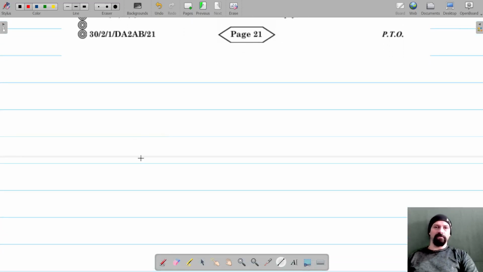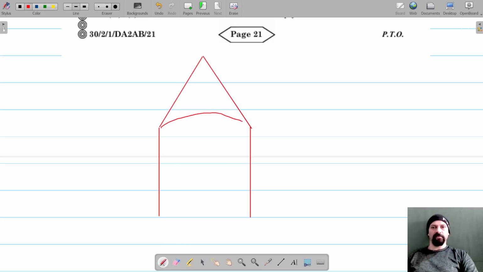So let's draw the rough sketch for this. Let's say this is the cylindrical part, which has height 8 meter, and above it is the conical part, and the base of the cone and the cylinder are circular.